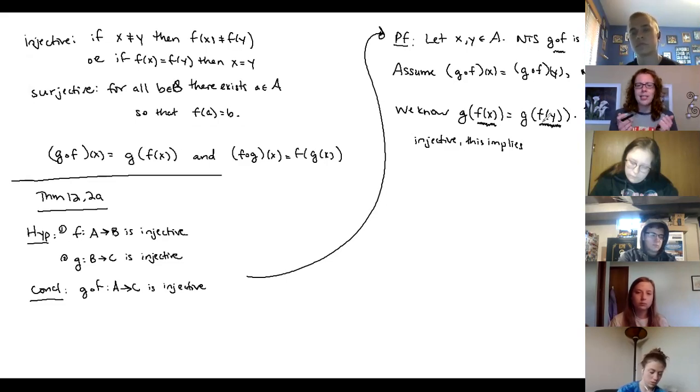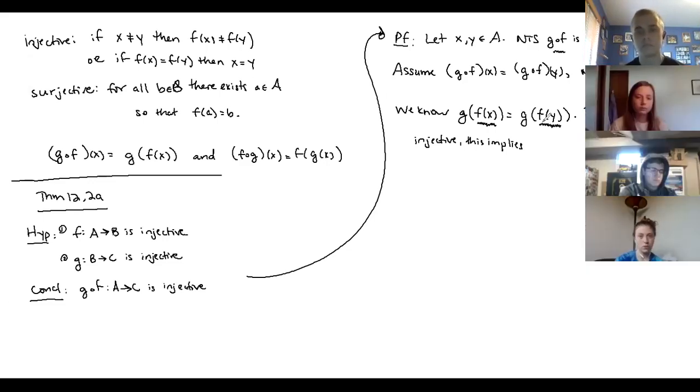Think about this as sailboats, right? G of sailboat is equal to G of flower, so therefore sailboat and flower have to equal each other. Do we see that? If G of sailboat equals G of flower, then sailboat and flower have to equal each other, okay? So sailboat is F of X and flower is F of Y.